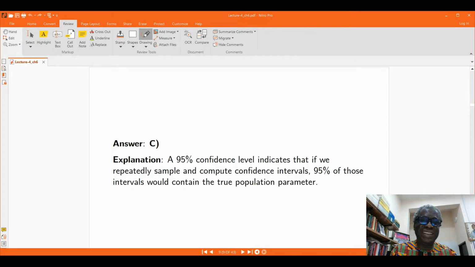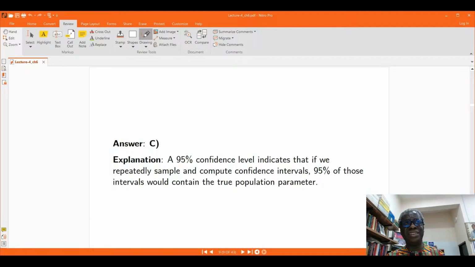So anytime we say 95% confidence level, it means that if we repeatedly sample, you take the first sample, you compute the confidence interval, you take another sample of the same size from the same population, you compute the confidence interval, and you do that repeatedly. Let's say 100 times.